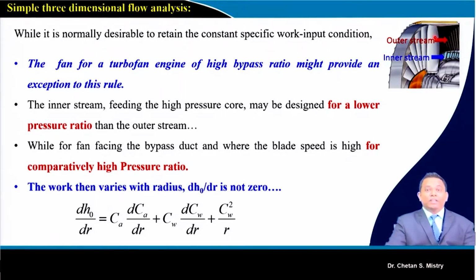So in this case, under special conditions, we are violating our radial equilibrium equation. The work done varies with radius and is non-zero. So that is a special kind of design. We will be discussing such design configurations this week.